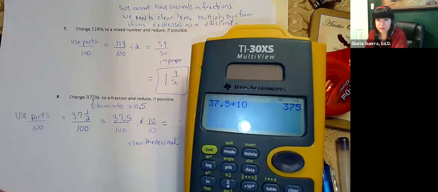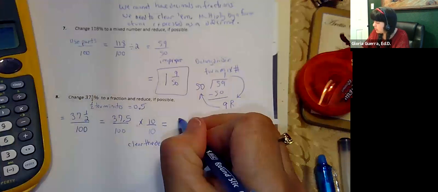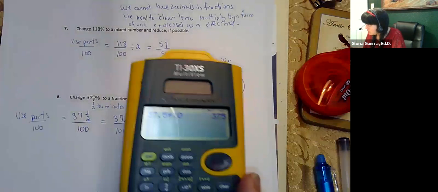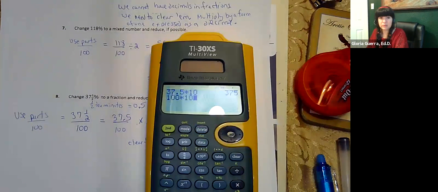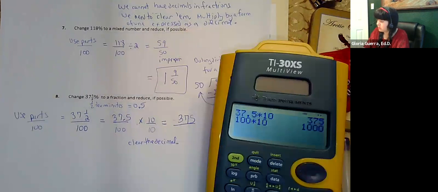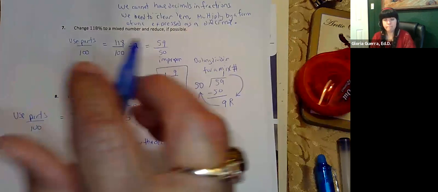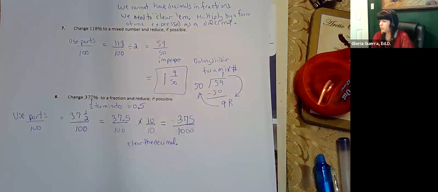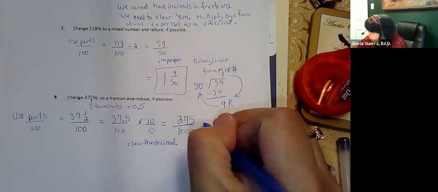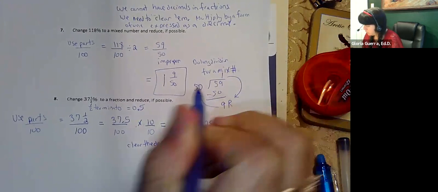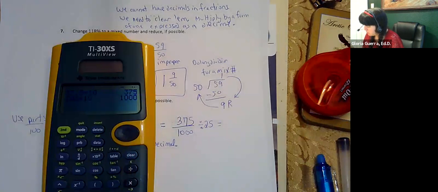No more decimal, 375. And then 100 times 10 is 1,000. So you get 375 over 1,000. Okay, and I think that can be reduced by 25. Try 25. 375 divided by 25.